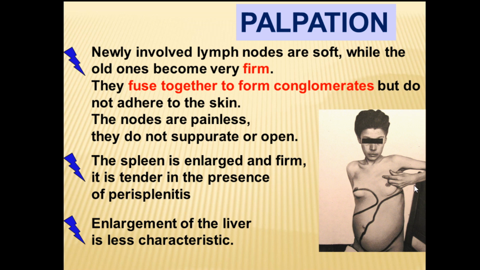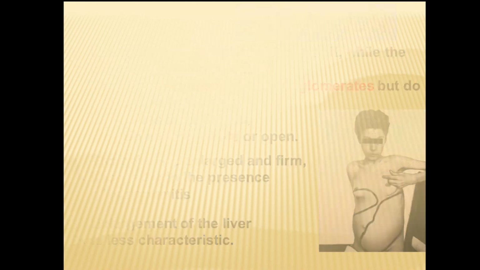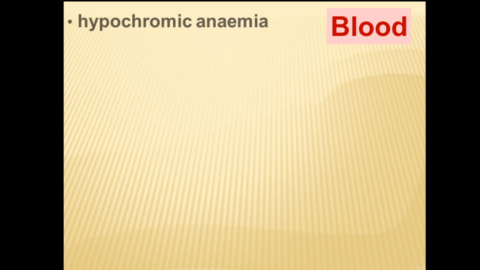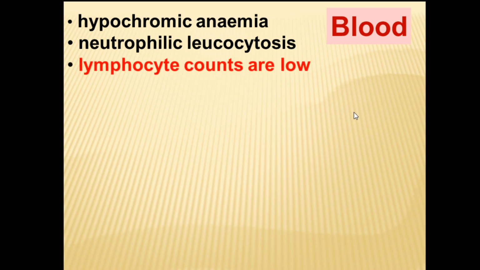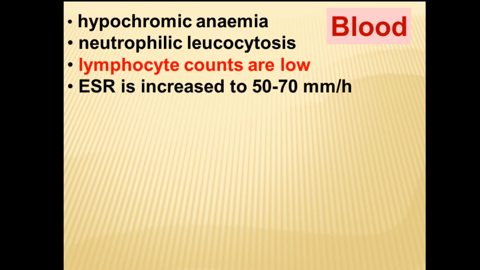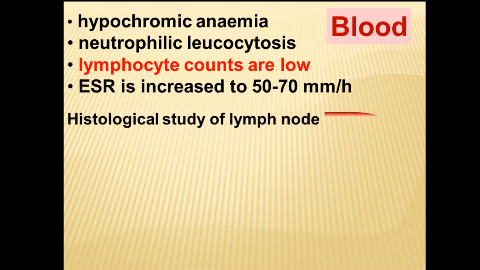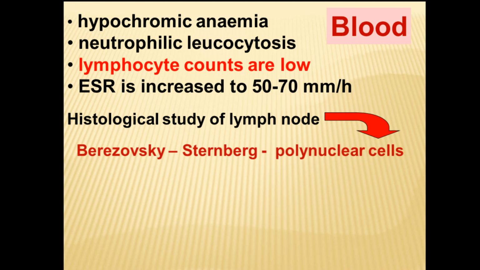More often, patients with blood diseases are first of all predisposed to splenomegaly and then moderate secondary hepatomegaly. Blood analysis reveals hypochromic anemia and leukocytosis, but lymphocyte counts are low, in contrast to lympholeukemia, because pathological lymphocytes will be found in the lymph node.